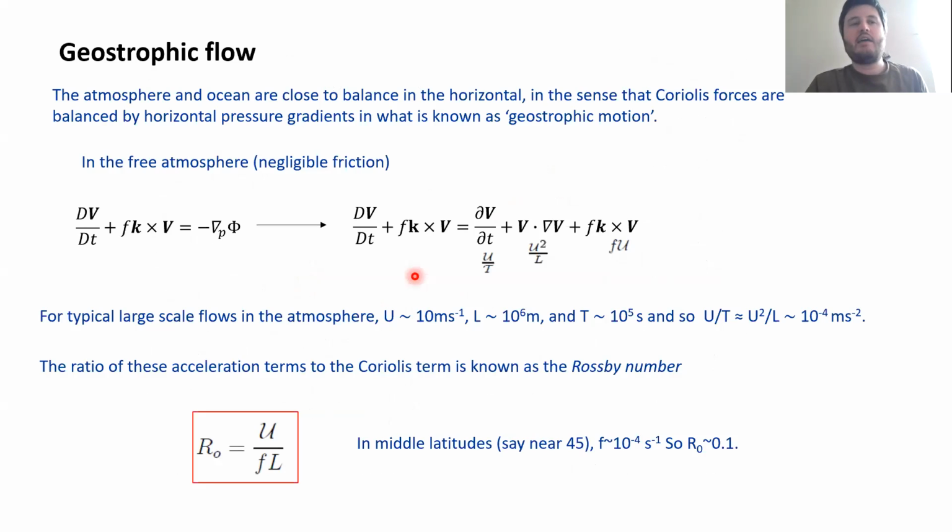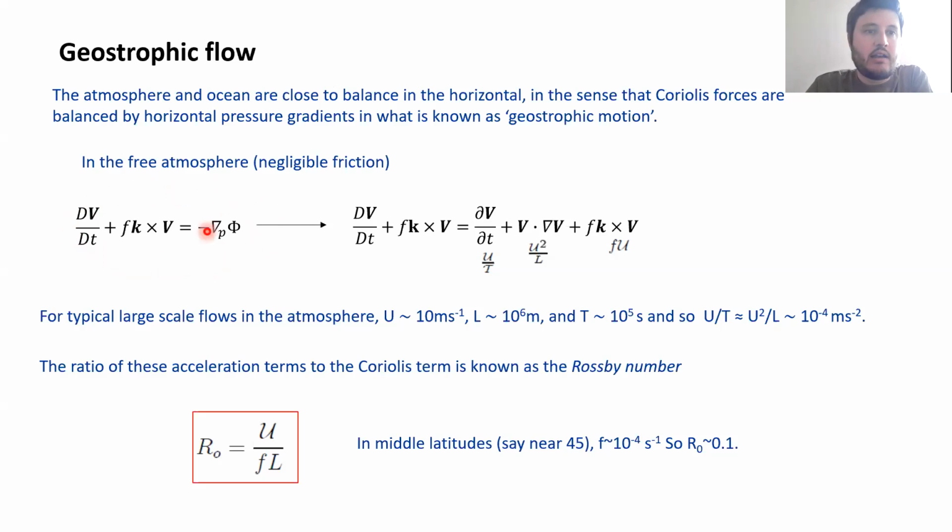So now let's derive an expression for the geostrophic flow, and we will start by using the horizontal momentum equations. Remember that in the vertical, we basically assume that the atmosphere is in hydrostatic balance, which is an excellent approximation. These are just the momentum equations in the horizontal, so in the x and y axis, or the zonal and meridional direction.